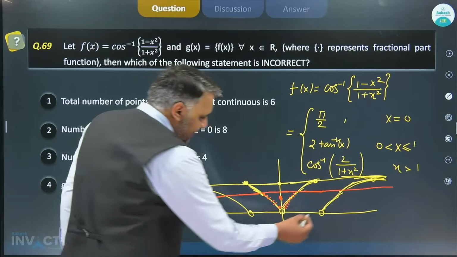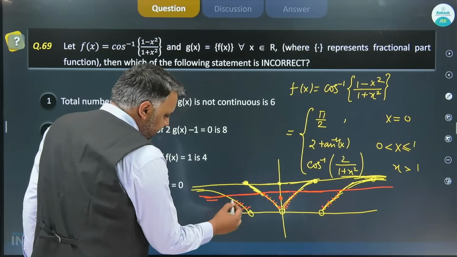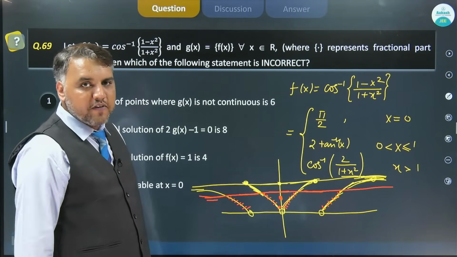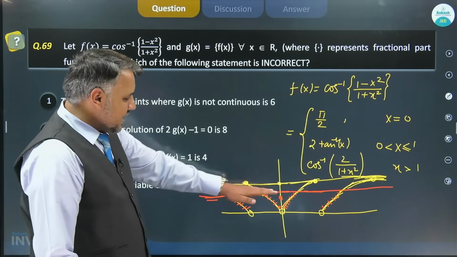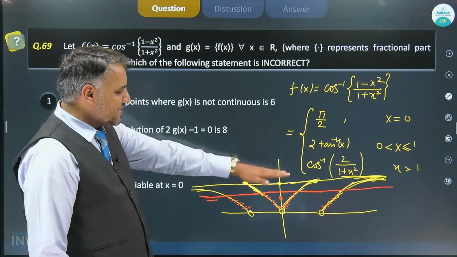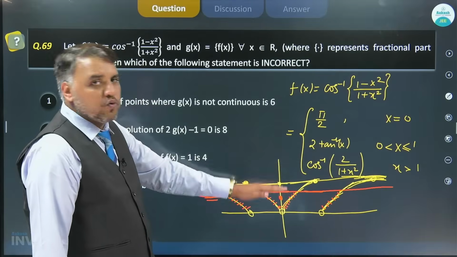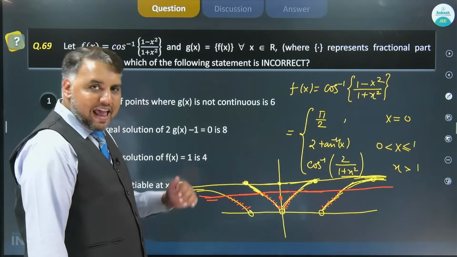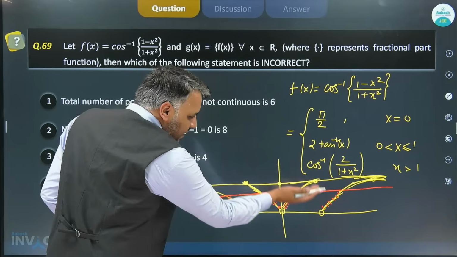In this part, it will be this only. Whenever fx lies between 0 to 1, the fractional part of fx will be fx only. Now in the other regions, whenever fx is greater than 1, it lies between 1 to 2, because the maximum value it can attain is pi by 2. So whenever fx is between 1 to 2, the fractional part of fx will be fx minus 1. So just shift the graph 1 unit down.